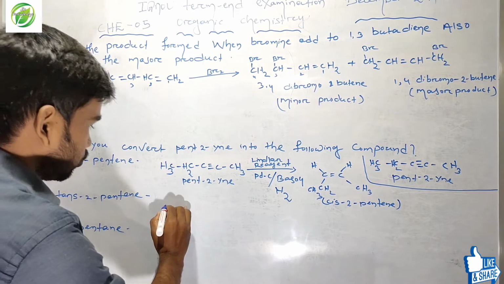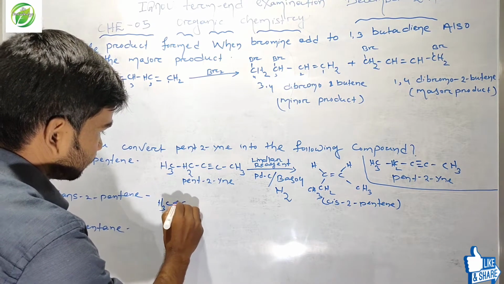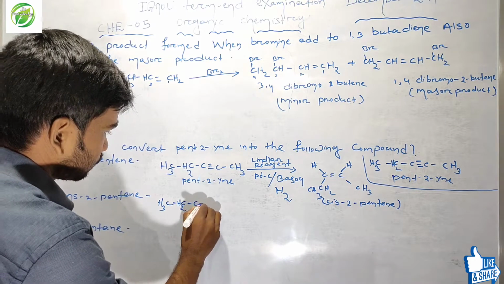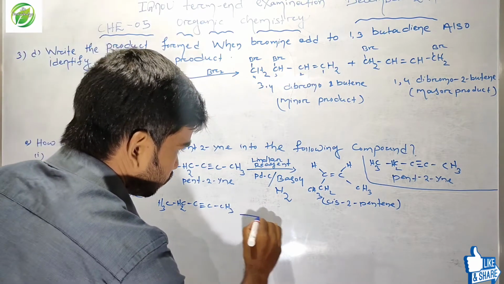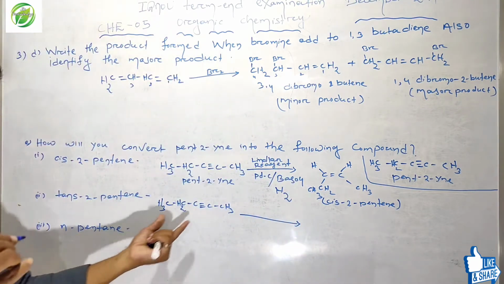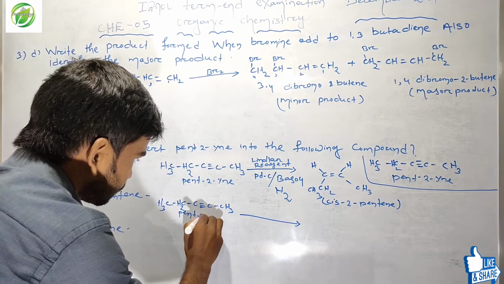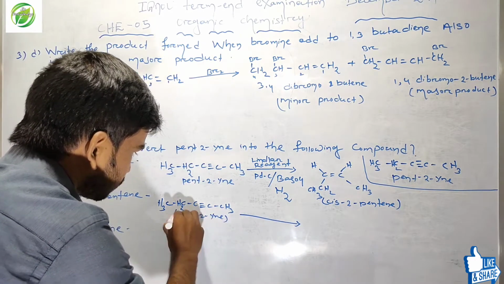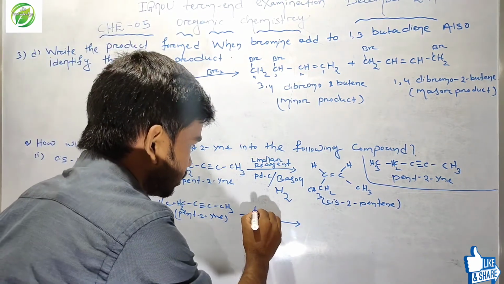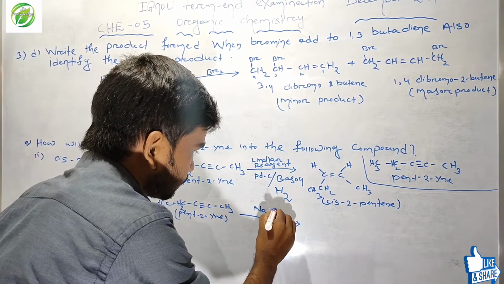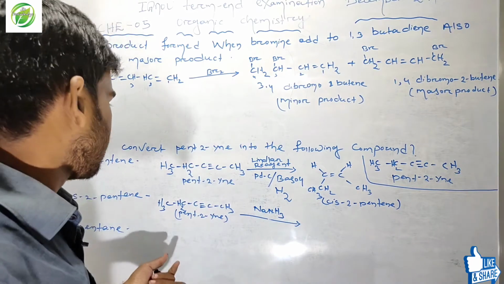The structure of pent-2-yne, that is CH3... when this pent-2-yne is treated with Na/NH3, hydrogen, trans-2-pentene is formed.